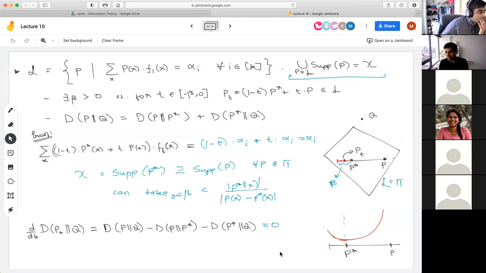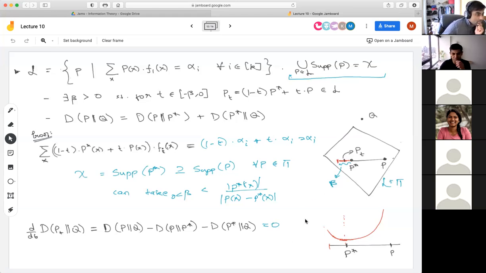So P star must be a local minimum, and because it's a local minimum, we just set the derivative to 0. It's a local minimum along this line, so in particular the derivative along this line is equal to 0. Formally, the limit that we defined, you can define it as a two-sided limit and say that it approaches 0 from both sides.